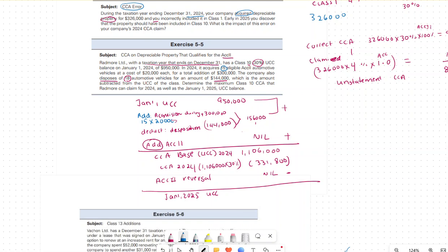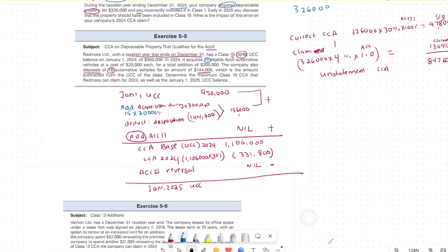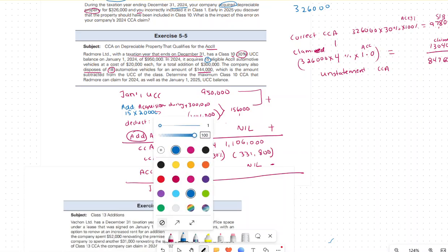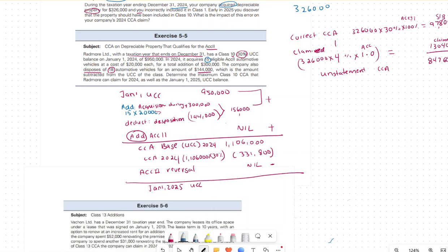So how did we get it? You started with 1,106,000 minus the 331,800. I will get a balance, and my balance is 774,200. I think sometimes I write too fast and my computer can't take it, and then that's when the pen goes.